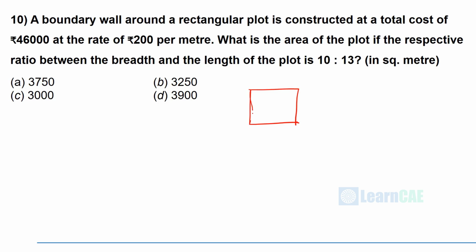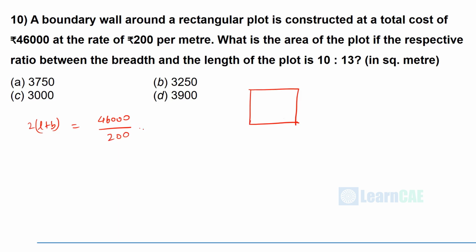For constructing this boundary wall, the total cost is 46,000 and the rate is 200 per meter. So we can find out the perimeter using these values. So total length of the perimeter is 2 into L plus B, and this is nothing but the total cost 46,000 divided by the cost of 1 meter, 200.